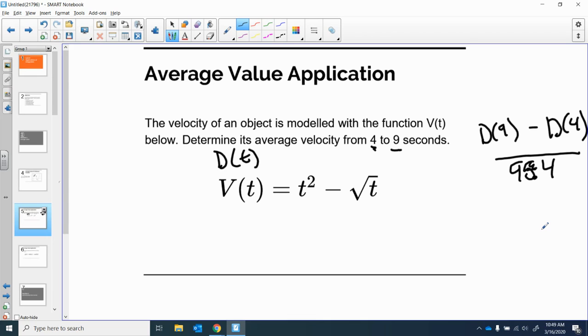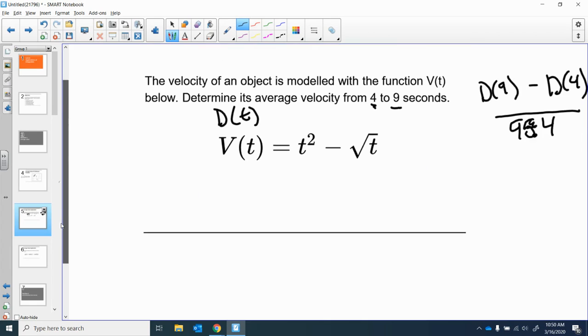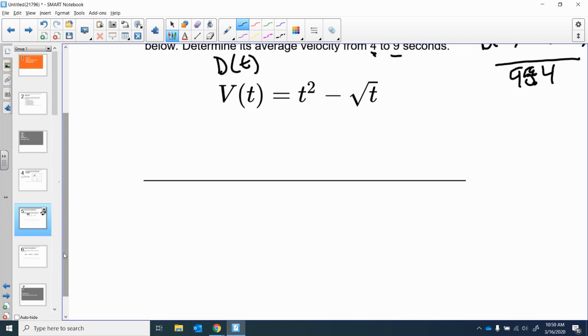And so if I have a v of t function, I've got to get to d of t, which a couple months ago might have been an impossible task, but now we know that's just a simple case of integration. So I'm going to come down here and walk through the first parts of this question. I'm not going to get into the plugging in of numbers because we've already done lots of that. But essentially, I'm just going to follow the formula here. I know I'm going from 4 to 9 seconds, so I want to integrate from 4 to 9.